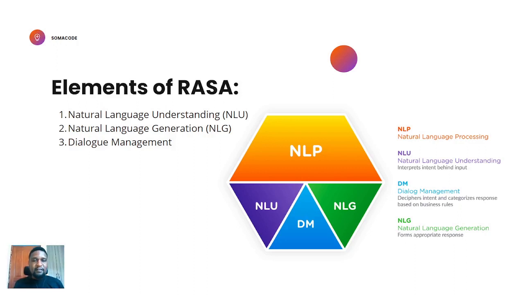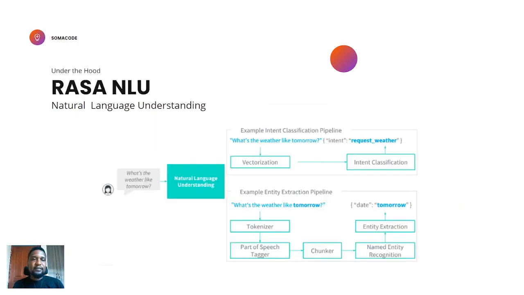Now let us talk about the elements in the Rasa core. We have three elements that are usually built on top of Rasa core. One of them is natural language understanding, the other one is natural language generation, and the other one is dialogue management. Let us go to the first one, the NLU, natural language understanding.